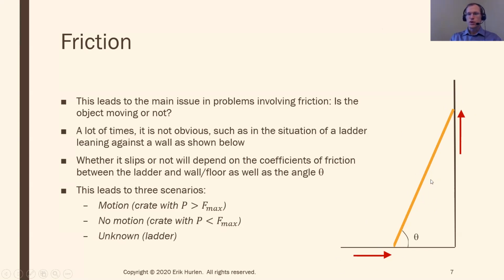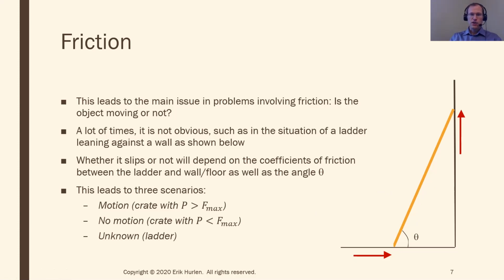This ladder probably has some weight, has some angle. And a lot of times it's not going to be obvious: is this ladder going to slide? Is there enough frictional force to hold it up or not? Whether it slips or not is going to depend on a whole lot of things: the coefficients of friction, the angles, the weight.